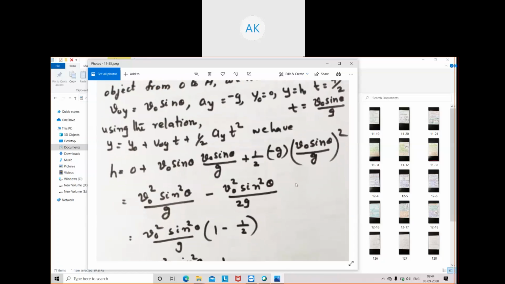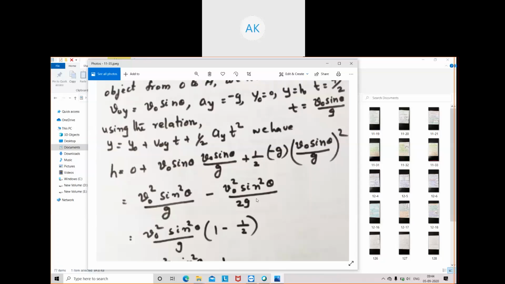Next, v0 into v0 is v0 square, sin theta into sin theta is sin square theta, by g: v0 square sin square theta by g, minus v0 square sin square theta by g square. That g square and this g cancel, so one g will be in the denominator, and we get v0 square sin square theta by 2g.